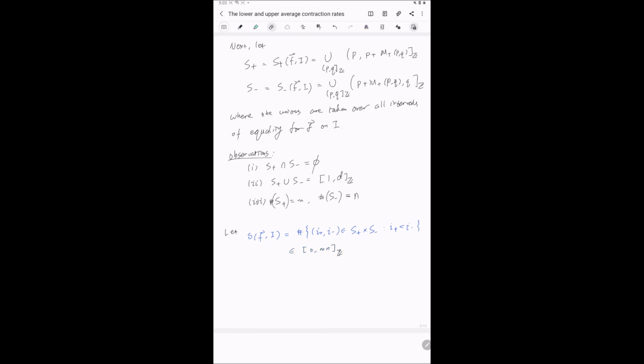So the average is the integral from 0 to T of delta f t dt divided by the capital T, and we denote this by the capital delta.